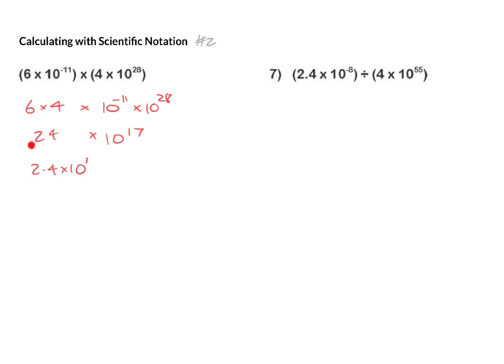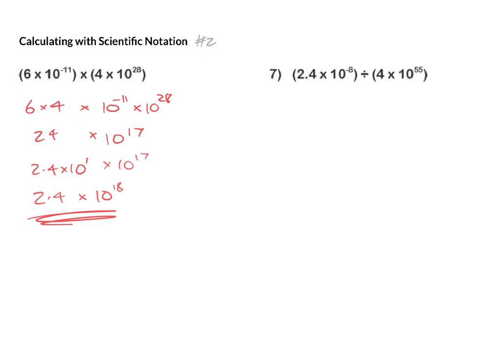Again, this is equal to this. And then I'm going to multiply that by 10 to the 17. And now all I have to do is 2.4 multiplied by 10 to the 1 plus 17 is 18. That is my answer in scientific notation.